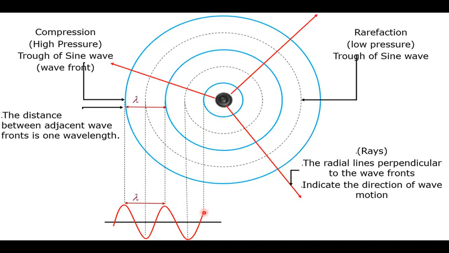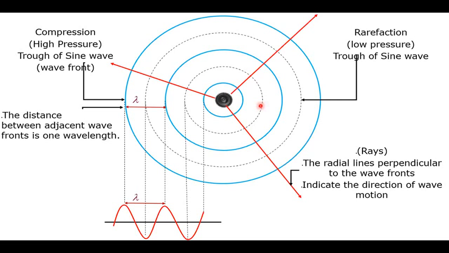The rarefaction corresponds to a trough of this pressure graph, another rarefaction to another trough, and so on. The separation between two compressions or two wave fronts is called one wavelength. From here to there is one wavelength, from here to there is another wavelength.